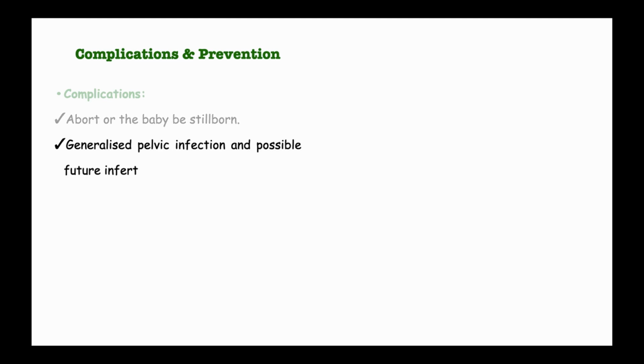And there is also going to be generalized pelvic infection and even future infertility, which I'm going to explain. So it is very important that we focus our attention on the preventive measures of gonorrhea, because of this grave complication of future infertility.